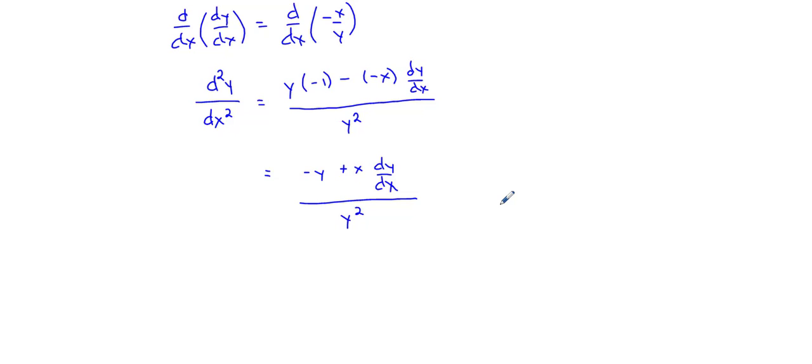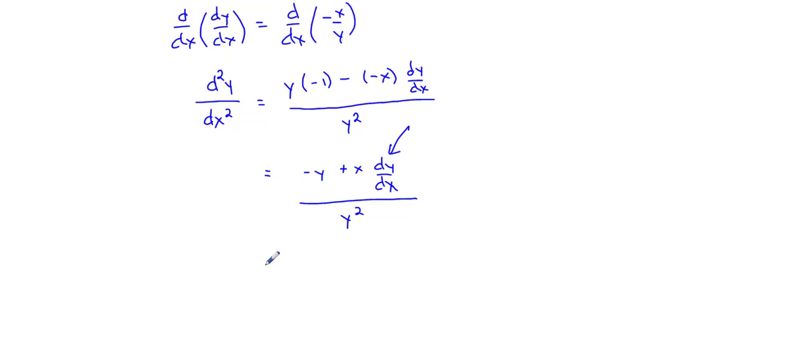Well, here's the nice thing. We have the second derivative isolated on this side. But what's the problem over here? We have the first derivative inside the second derivative, right? That's part of the answer. Man, I wish we knew what the first derivative was.